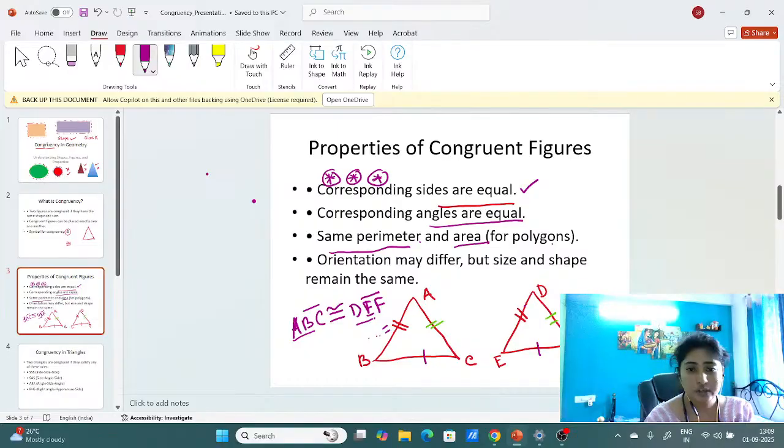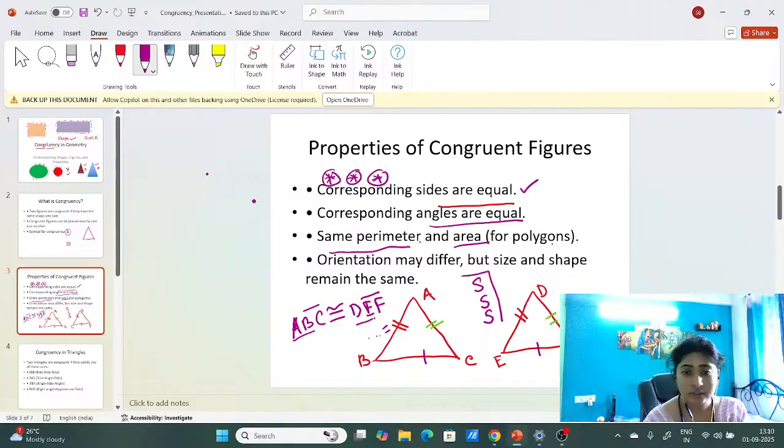So what I told, if three corresponding sides are equal, that means the two triangles are congruent. How many sides does a triangle have? A triangle has three sides, so 3 times S, or SSS.